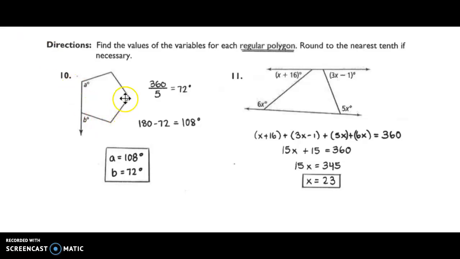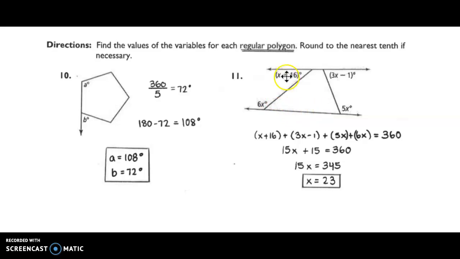And so here's a quick problem: find the variables for each regular polygon. This is the pentagon, so 360 divided by 5 is 72. That's angle B. And then 180 minus 72 is 108. If this is 108, then angle A is 108 because if it's a regular polygon, all of the angles are congruent, equiangular.